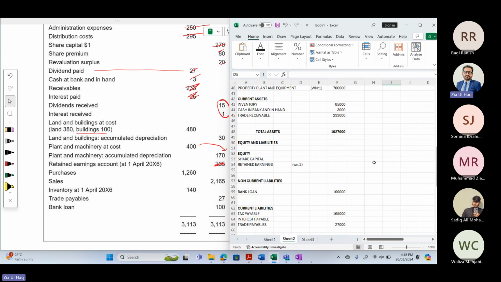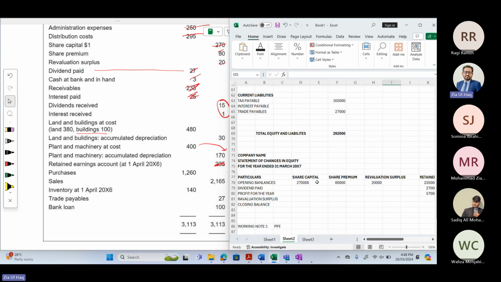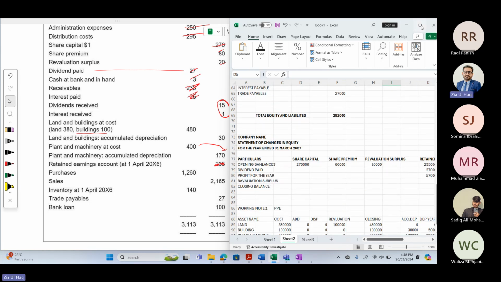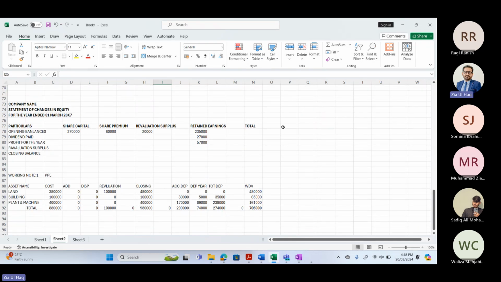So now moving towards, before preparing the balance sheet, we need to prepare the statement of changes in equity first. How can we prepare the statement of changes in equity first?